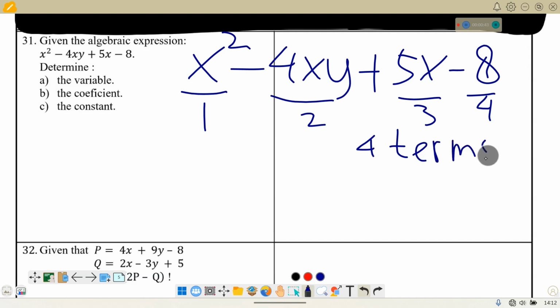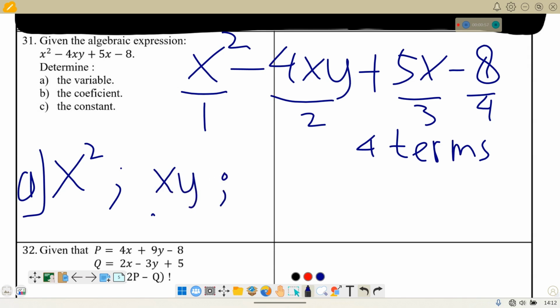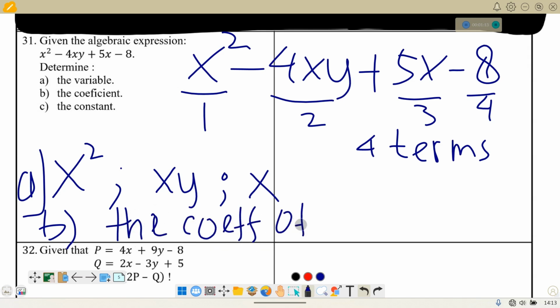Which one is the variable? The variables are x squared, and then xy, and then x. This is for answering question A. And for question B, the coefficient. The coefficient of x squared is 1, of xy is negative 4.